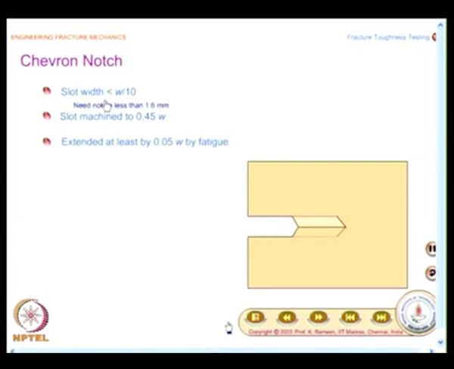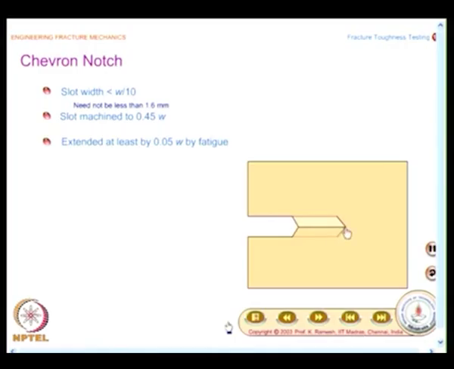The slot width is given as less than W by 10, and the standard says need not be less than 1.6 millimeter. All this you have to satisfy. When you actually do a problem, you will know how to do it. The slot is machined to 0.45 W. What is the length? It is extended at least by 0.05 W by fatigue.